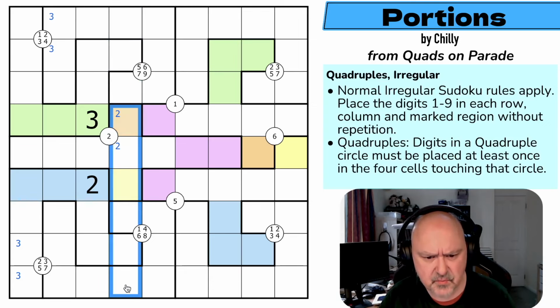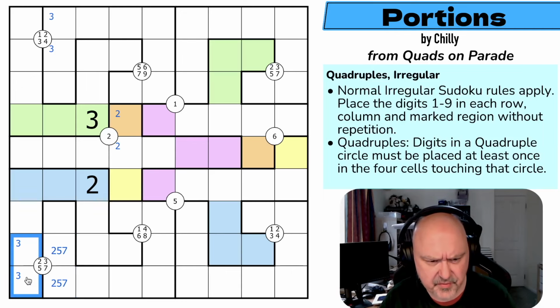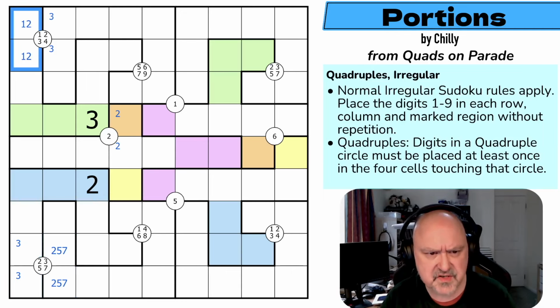So the 3 is in one of those. Well, I can't put it in one of those 2. So the 3 is in one of those. I can't put it there. These are from 2, 5, and 7, because I know that the 3 is over here. These are from 1, 2, and 4.